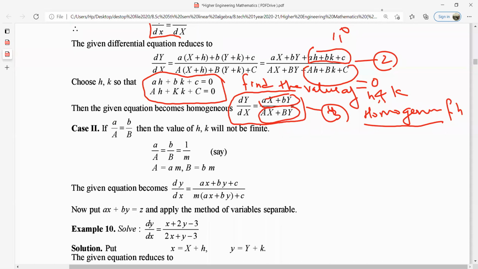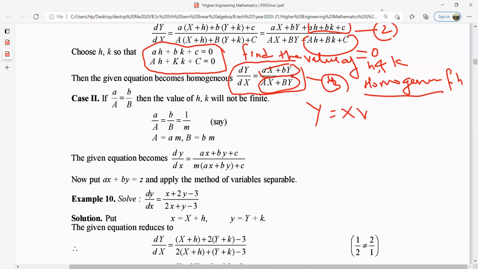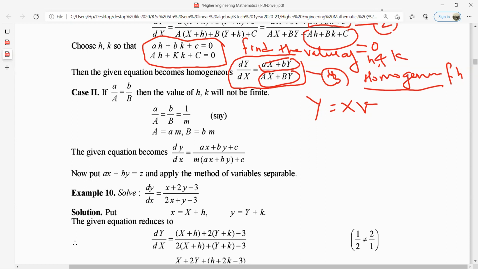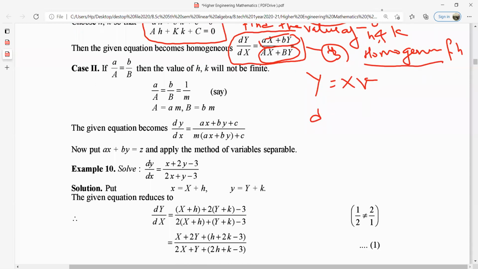Then we have to inbuild this method as like capital Y equal to capital X into V. After that differentiate this function, and you have to find capital dy upon capital dx with respect to x.